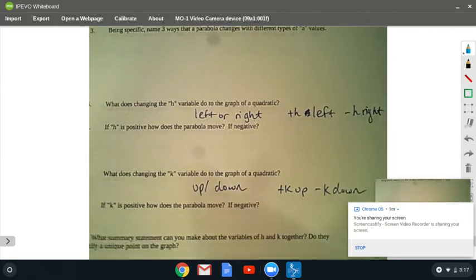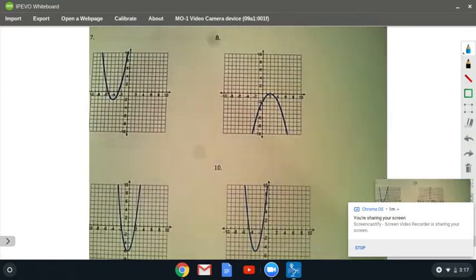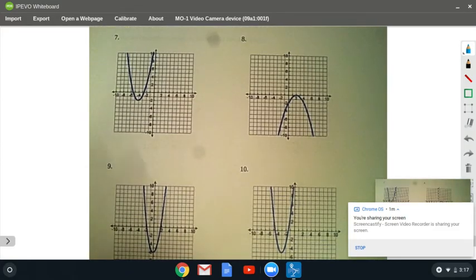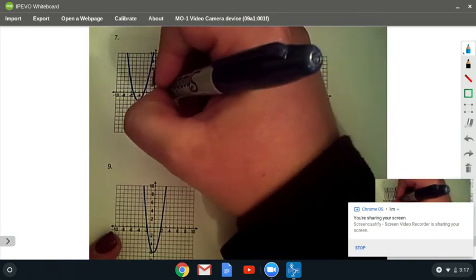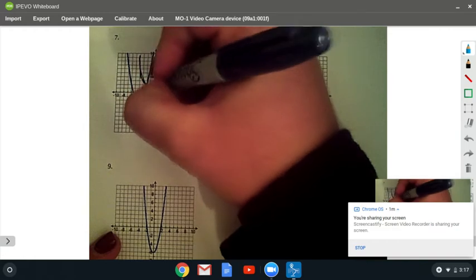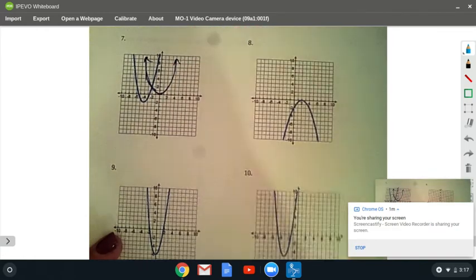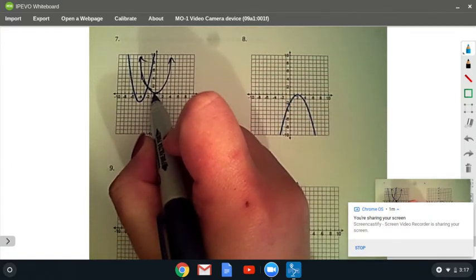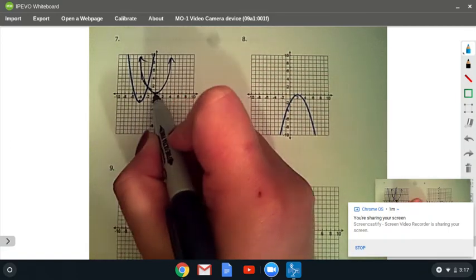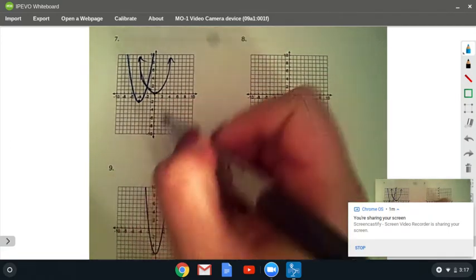Now I want to go over a few situations where I have a graph and I want to know how it is different than the parent function. The parent function looks like this. Okay, not completely drawn to scale, but it does look like that. So how did this vertex move away from that vertex 0, 0?